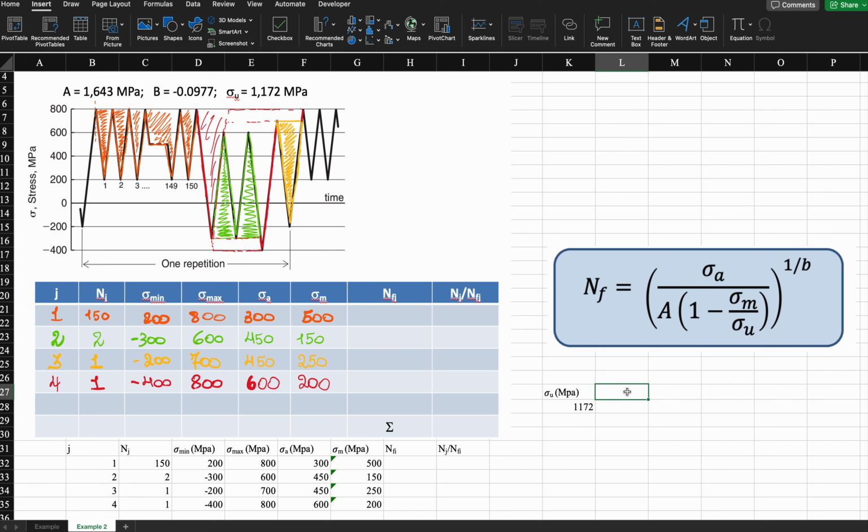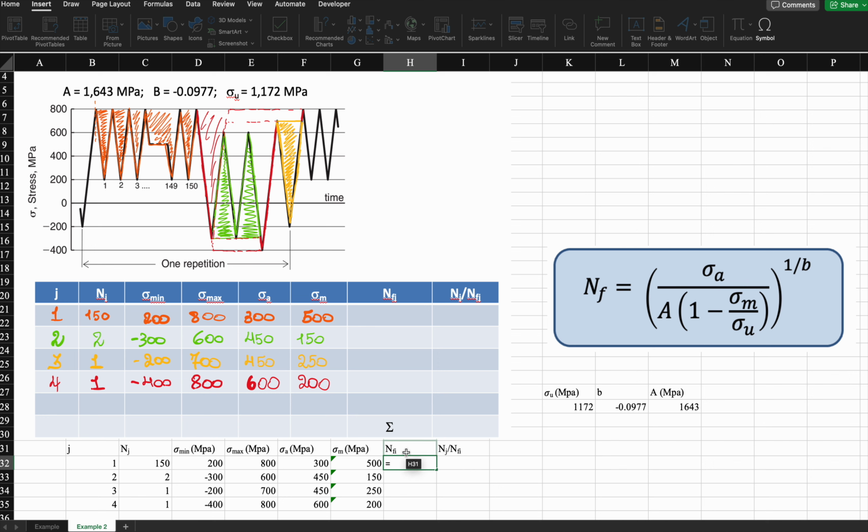And it's still an MPa, so the units are good. B doesn't have units, minus 0.0977. Remember, no units in exponents. And then A does have units, it's an MPa, and it's going to be 1643. 1643 right there.